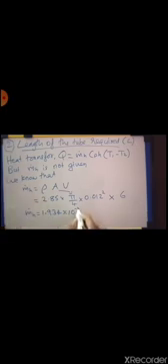Diameter is given as 0.012 meter, squared, into velocity, which is given as 6 meter per second. We get m dot h is equal to 1.934 into 10 raised to minus 3 kilogram per second. That is the mass flow rate of hot fluid.